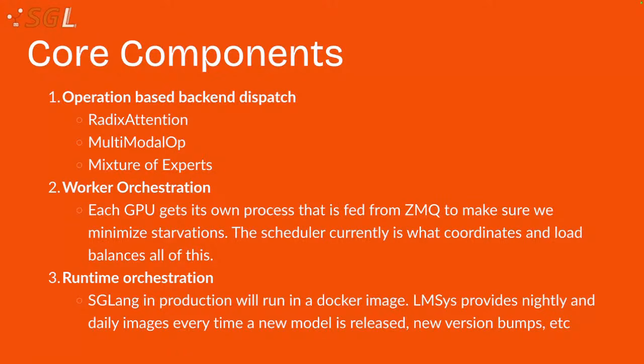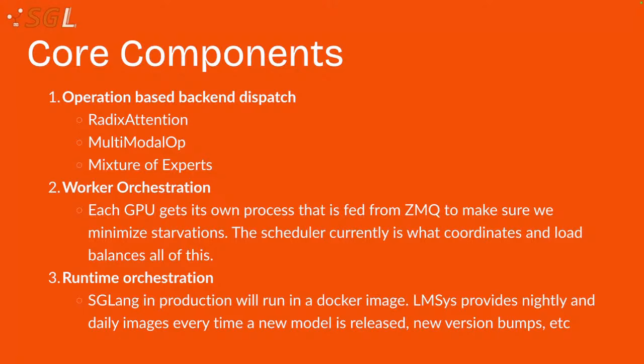The fundamental mechanism behind each of these is that the operation is still happening. This is what we mean by operation-based backend dispatch, where you can take the big bottlenecks or big operations and represent them as generic ops, which can then go to their relevant hardware, their relevant performance backend, or whatever's needed.